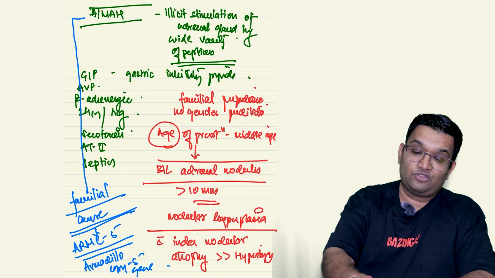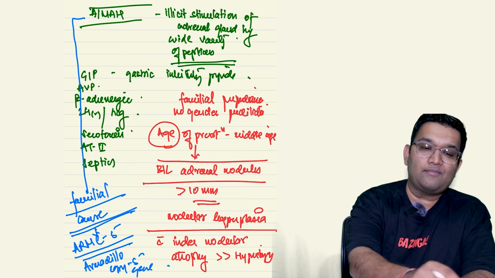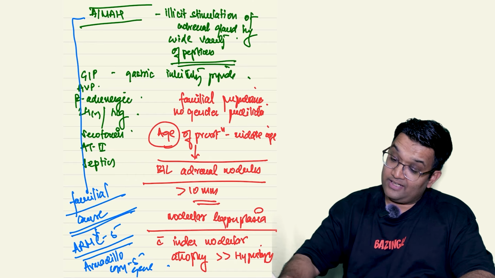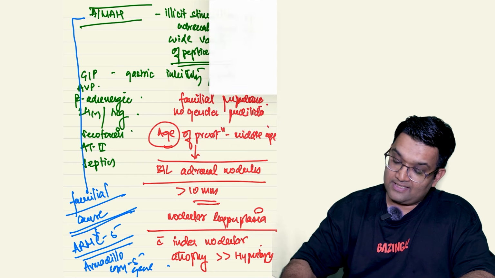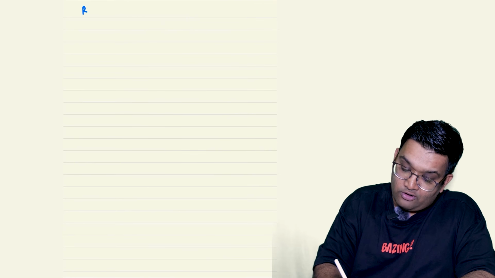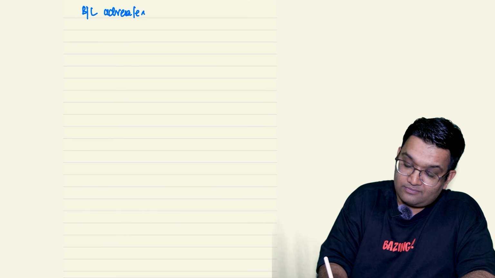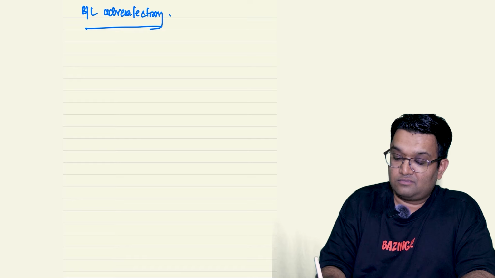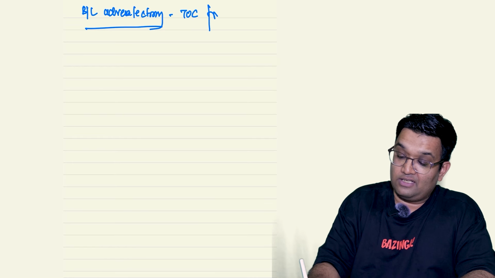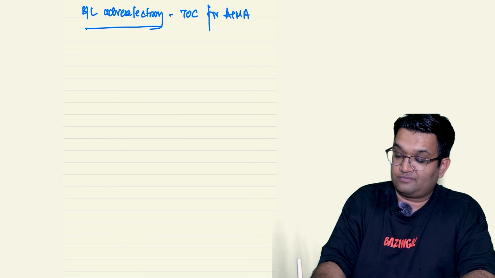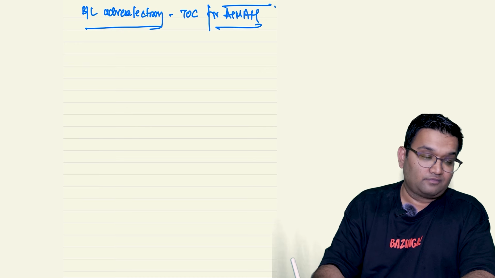Alright. So that finishes our AIMAH also. And what is the treatment of choice here? In such cases, we need to go for bilateral adrenalectomy, the treatment of choice for AIMAH. Alright.